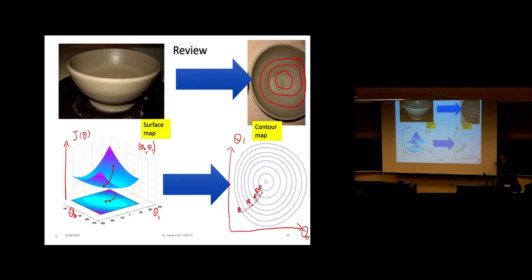In the contour map, you go from a random start and slowly move according to the gradient direction to the center. And that center solution, in this case, we call the beta ordinary least square solution.